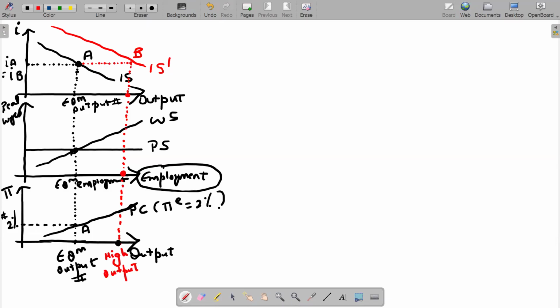And here this is going to be high employment. And here also this is my high output level. So I can manage some space. The black one was the equilibrium output and the red one is the high output.